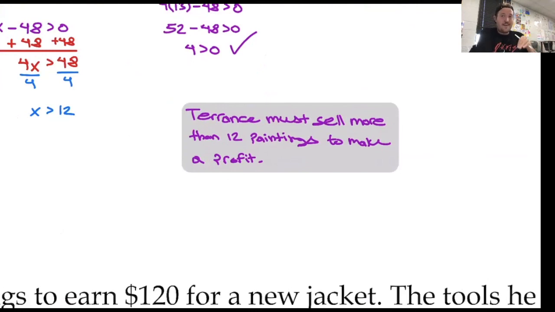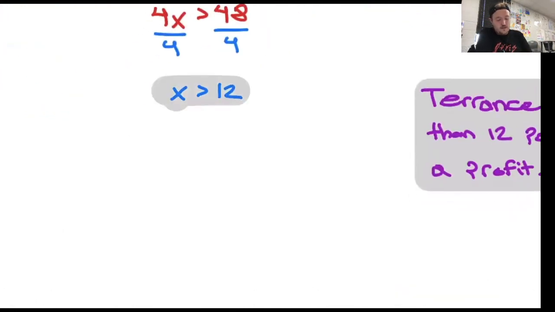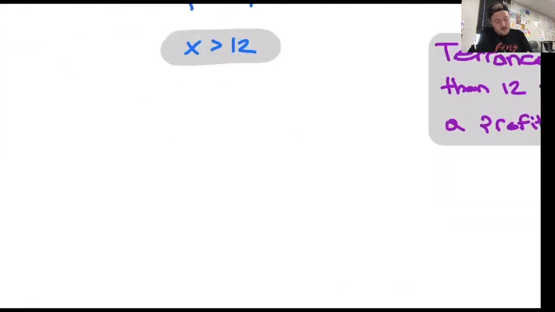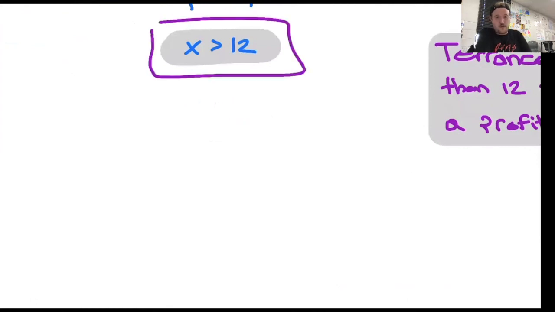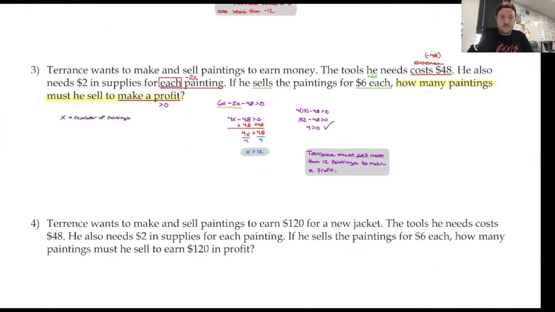However, when it comes to the answer in terms of an inequality, this is what we're going to be looking for. That is also technically a valid solution. However, the problem calls for x strictly greater than 12.